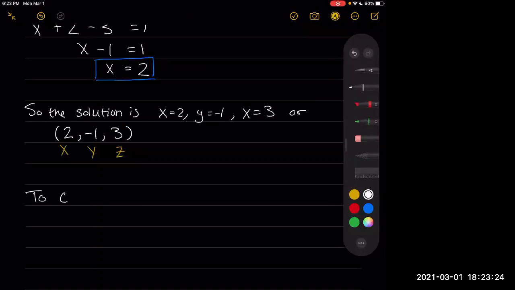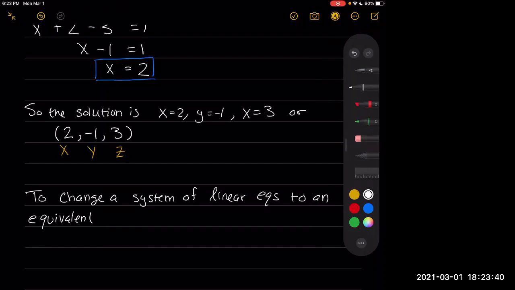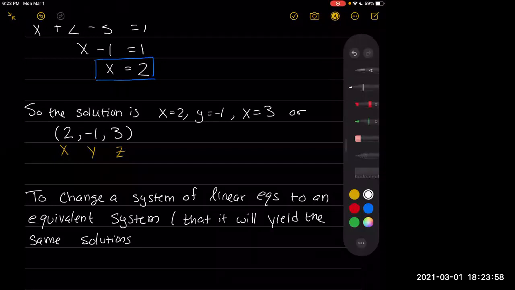So to change a system of linear equations to an equivalent system, an equivalent system means that it will yield the same solution as the original system.